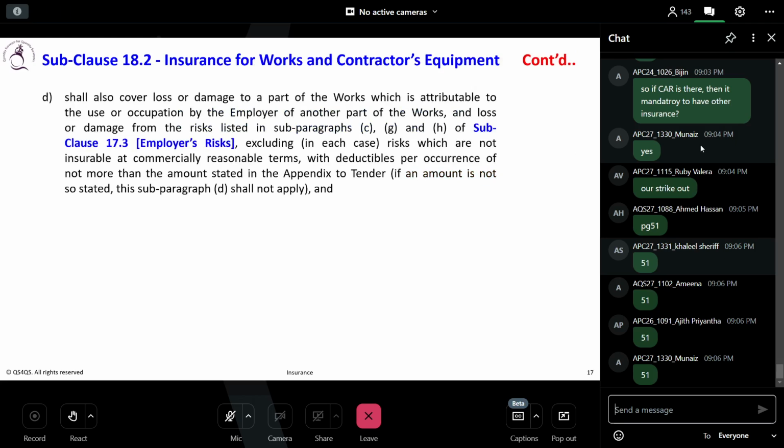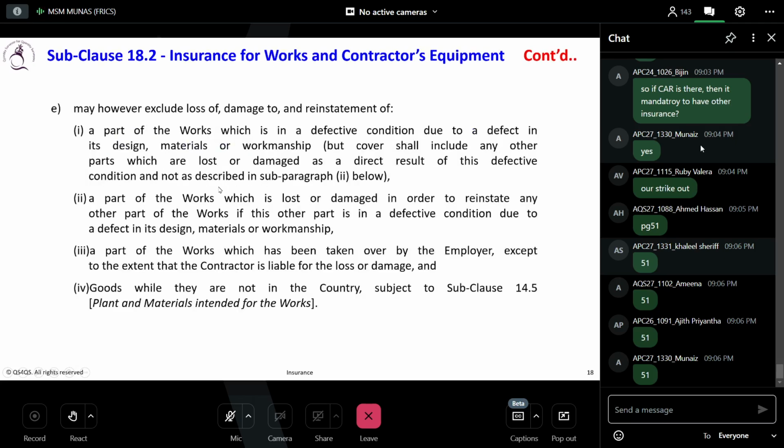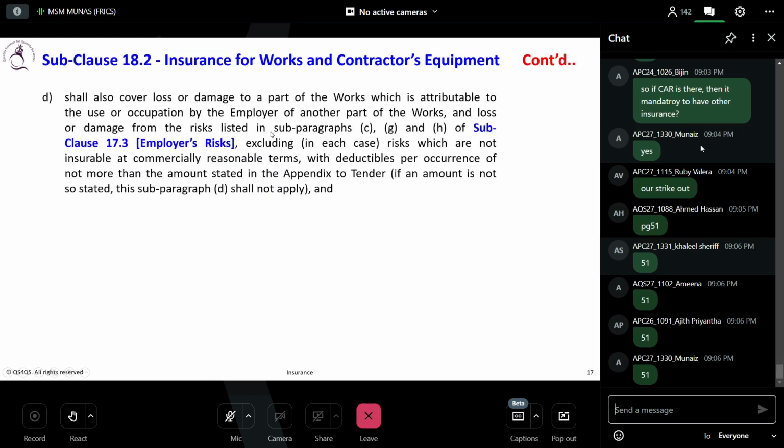18.2, insurance for the works and the contractor's equipment. Sub-clause D says it shall also cover loss or damage to a part of the works which is attributable to the use or occupation by the employer of another part of the works. Now let's say the employer uses some part of the works and it is damaged.